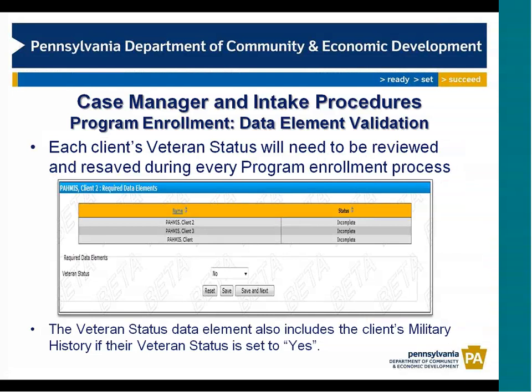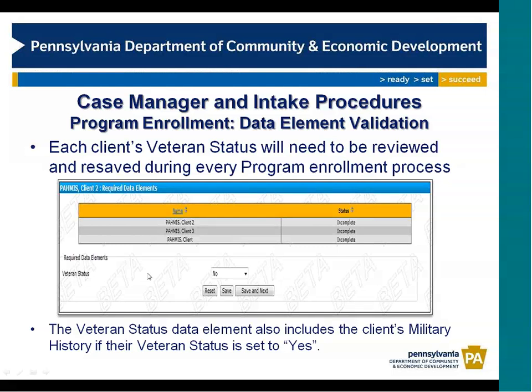However, during this process, there is a specific data element that is required to be revisited and at least confirmed for every program enrollment. And the system will prompt for this response for each client to take another look at this data element, even if it has been specifically answered, and that's veteran status. Basic HUD requires this one to be relooked at every entry.